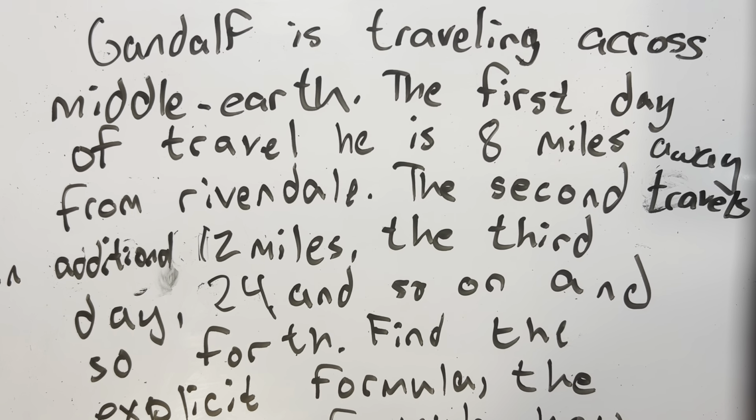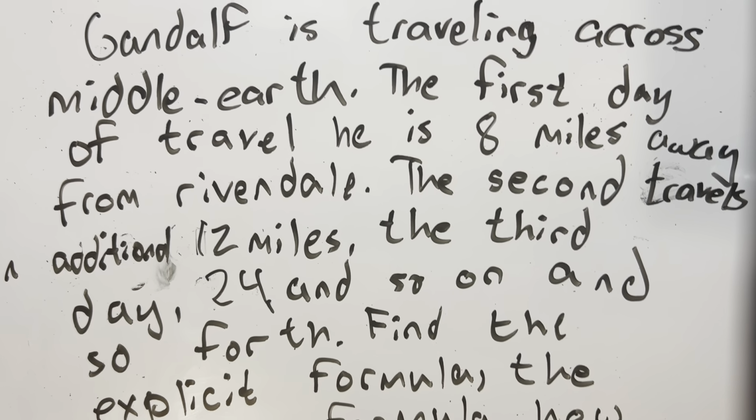All right, so let's tackle a word problem you might see in real life. Gandalf is traveling across Middle-earth. The first day of travel, he is 8 miles away from Rivendell, the elf city. The second day, he travels an additional 12 miles. The third day, 24, and so on and so forth.